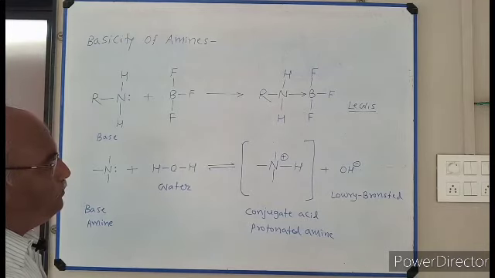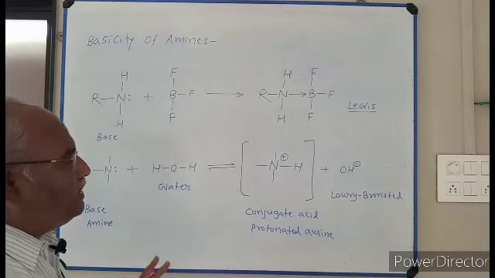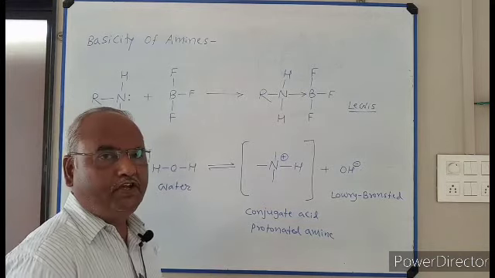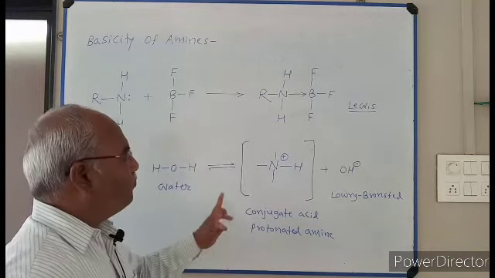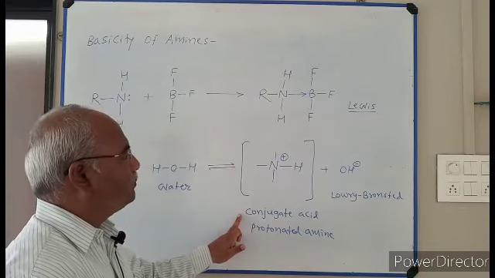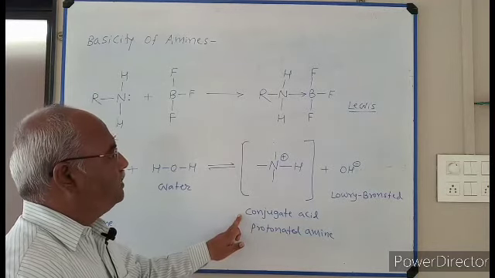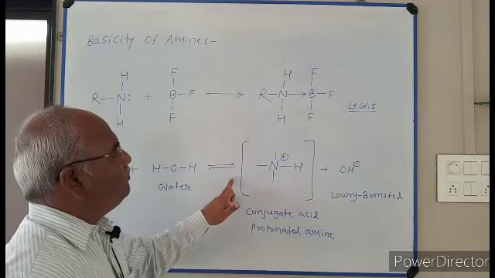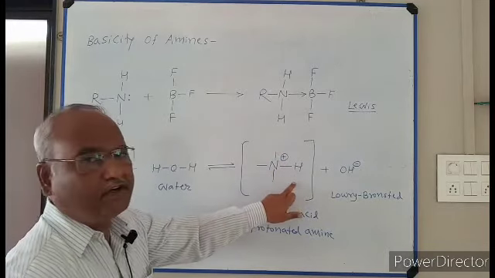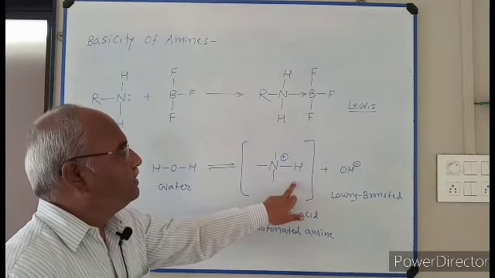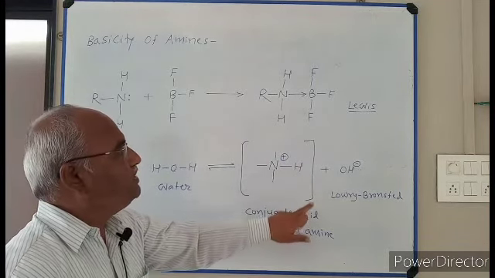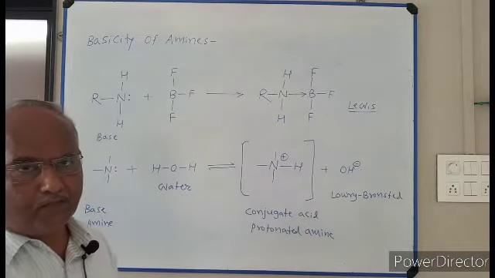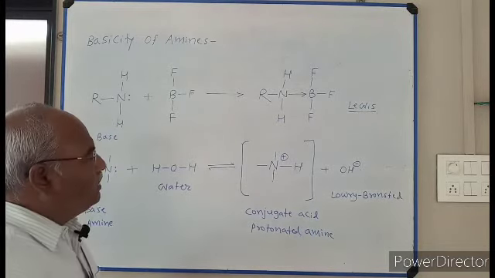Now you see, the greater the stability of the conjugate acid, the more the equilibrium will be shifted towards the right and the greater is the basic nature of the amine. I repeat once again.